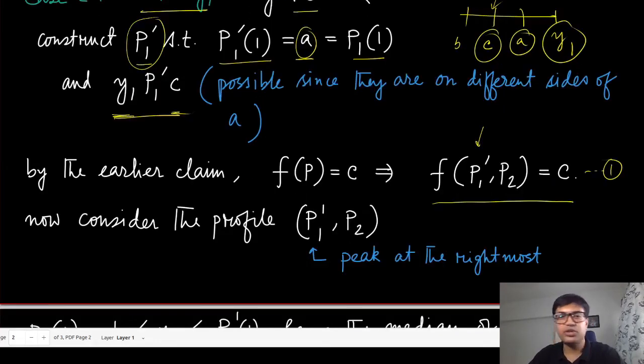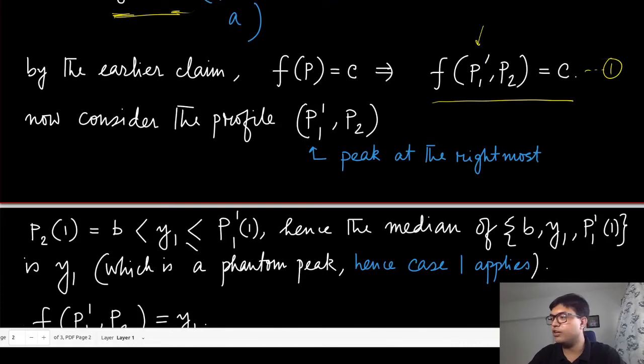And now we are going to consider a very special profile of player 1, P11. Remember, the peak is on the rightmost position, so it looks something like this: the rightmost position is the peak, and then it is falling down towards the left. We already know that it is the extreme right.